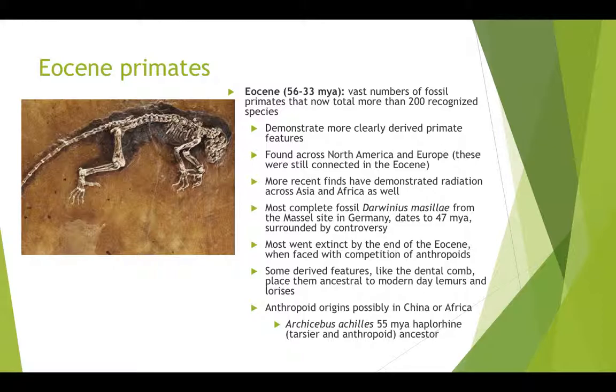The Eocene is essentially the planet of the prosimians. We've got a vast number of fossil primates that now total more than 200 recognized species. We've got fossils around much of what we now consider the Northern Hemisphere, North America and Europe. North America and Europe were still connected at this point. More recent finds have demonstrated an adaptive radiation across Africa and Asia as well.